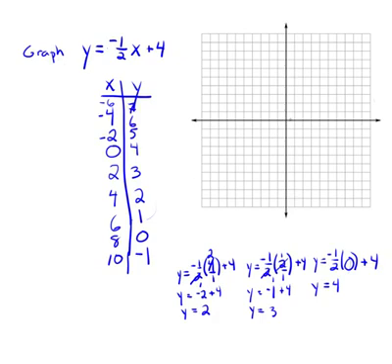So I'll start by going over 2 and up 3. I like that first point, 2, 3. Then over 4, up 2. Oh, I need to recount. 2, 4, up 2.